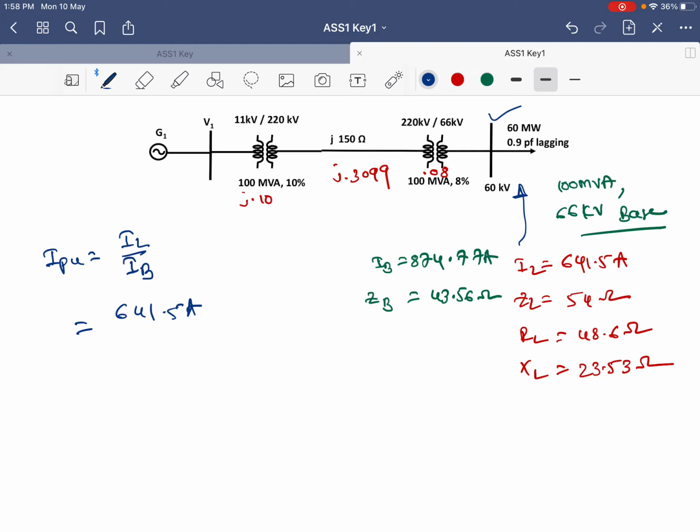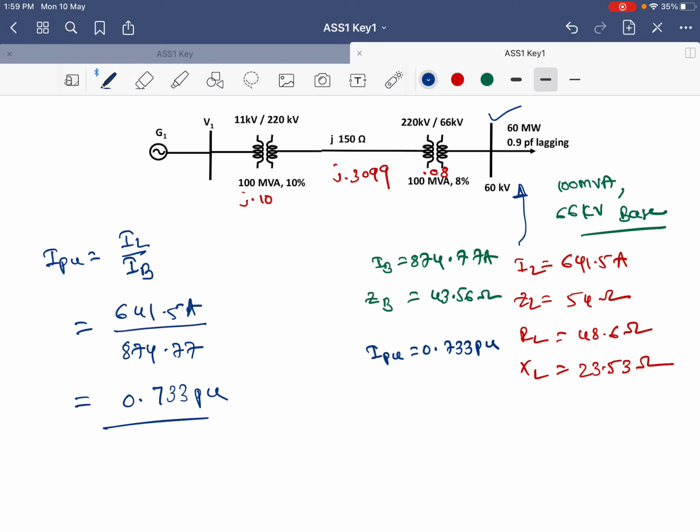Sorry, the base current we are getting here is 874.77, and IL is 641.5 amperes. So what I am getting here is 0.733 per unit. That is the per unit value of current.